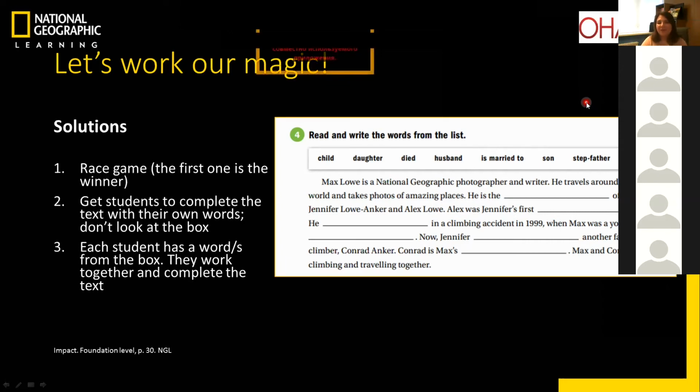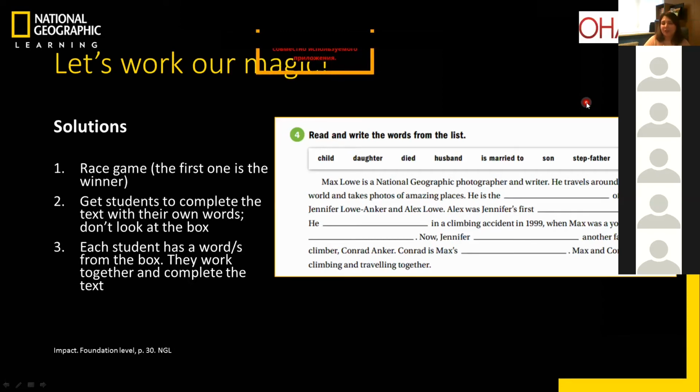The next option is that you can first get your students to complete the text with their own words. You may ask them to cover the box, or just give them a worksheet with the text, and then ask them to complete the text with their own words, and see how they work out the context, which ideas they will come up with, which language they will come up with.